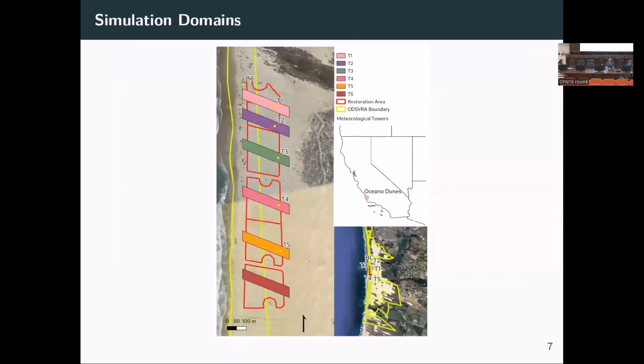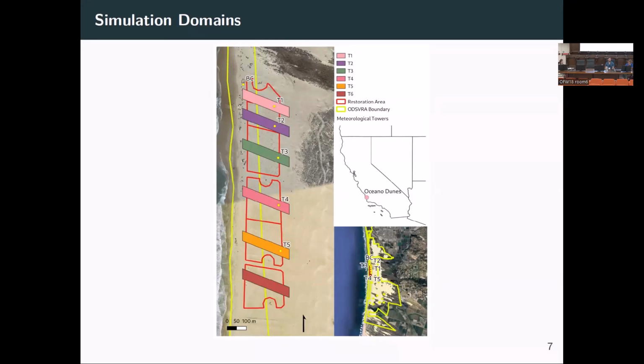So we have 6 different restoration strategies that were attempted at this site. You can see here T1 through T6 are the domains of OpenFOAM simulations, which overlap on top of these various treatment domains. T1 is a control where no foredune restoration treatments were enacted. It was just left alone.